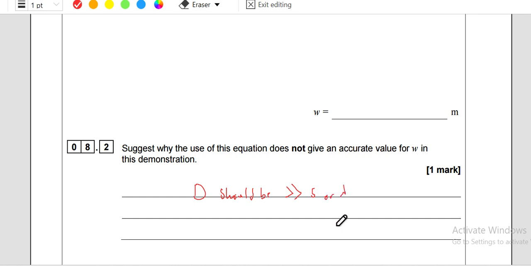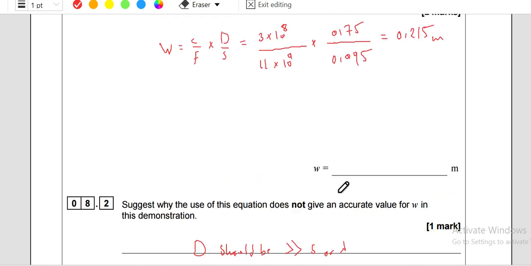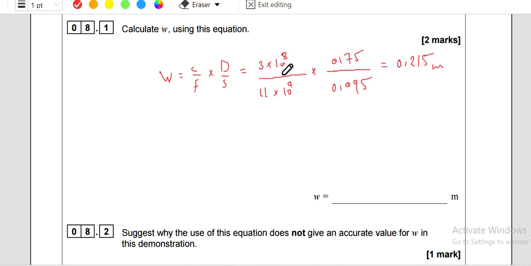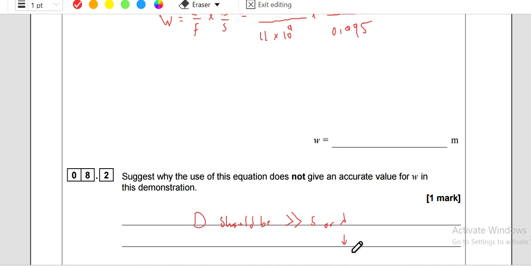If you calculate lambda separately, you will find that it is 0.027 meter, which means 2.7 centimeter, and the distance D is 75 centimeter.